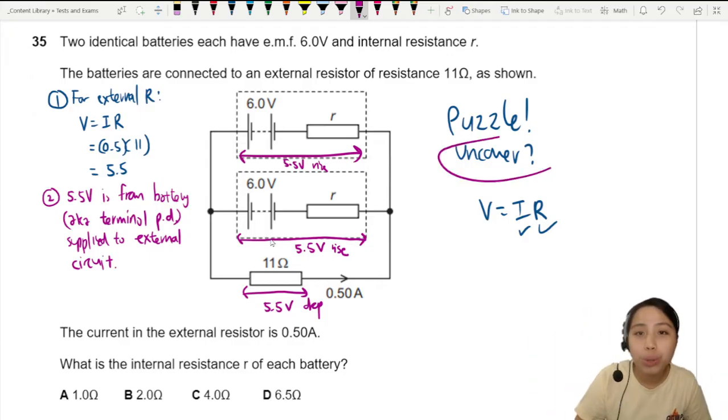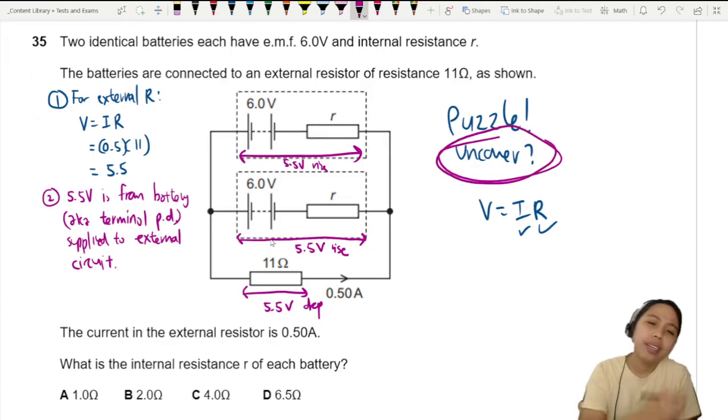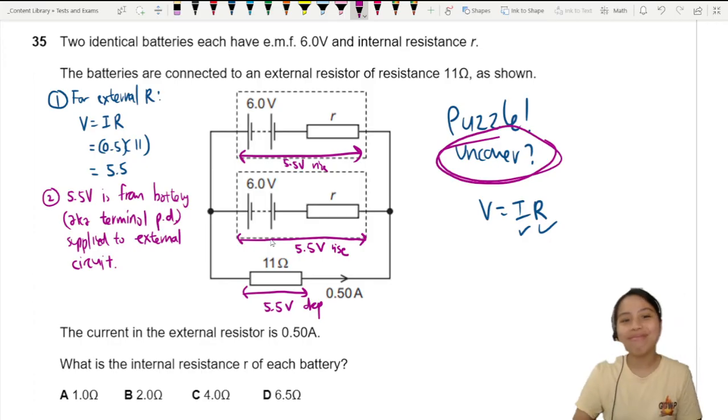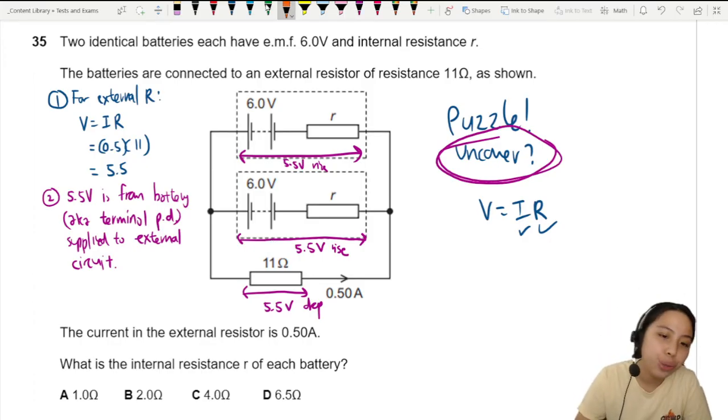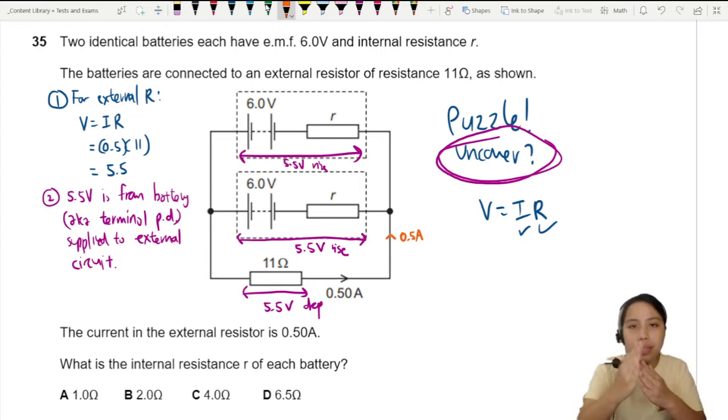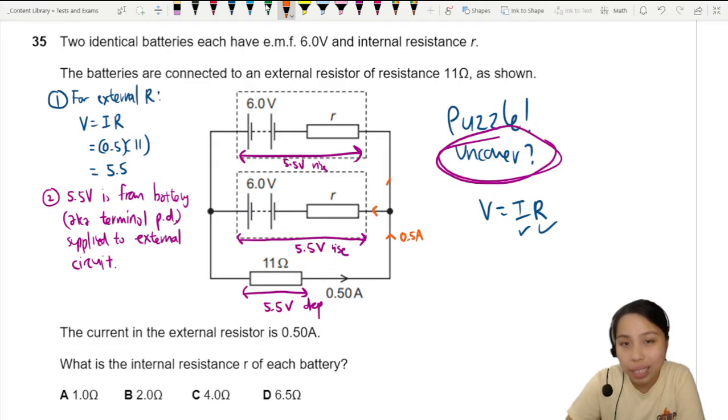Okay, next. Remember, our goal is to uncover information, right? So let's see, what else can we uncover? Something to do with the current here. So let's say on one side you have 0.5 amps, but it splits into two equal parts because you have two identical batteries.